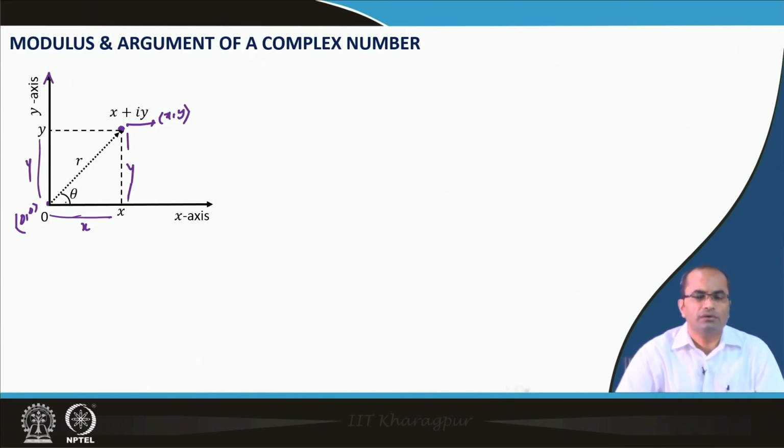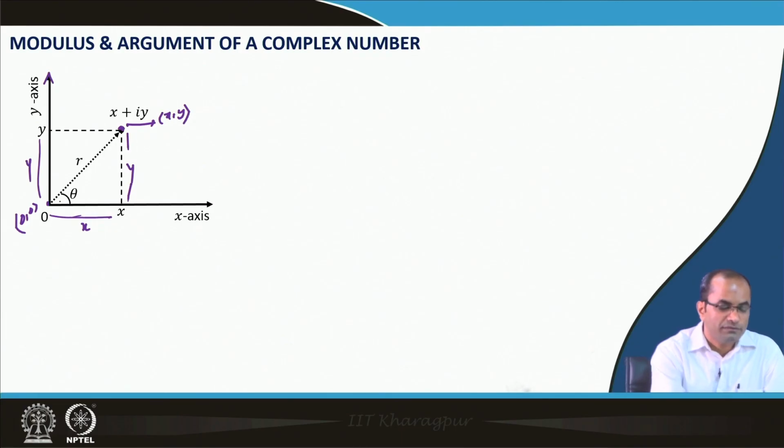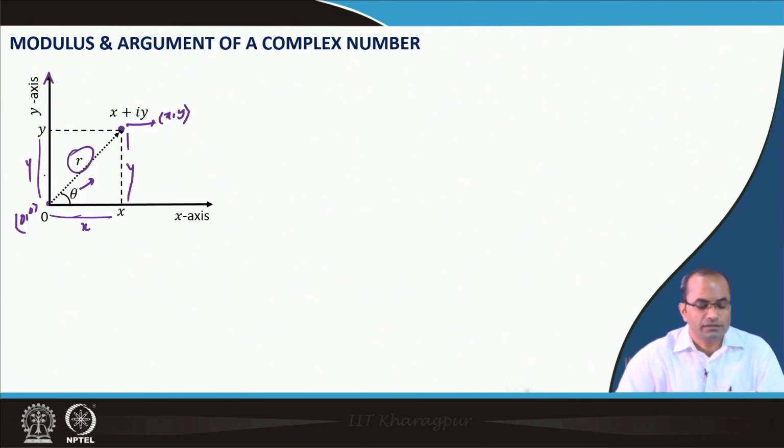Just recall how we characterize points in polar coordinates. Similarly, we have here this theta, the angle from the x axis, and then we have this distance r. These are the two numbers with the help of which we can again define the given complex number.